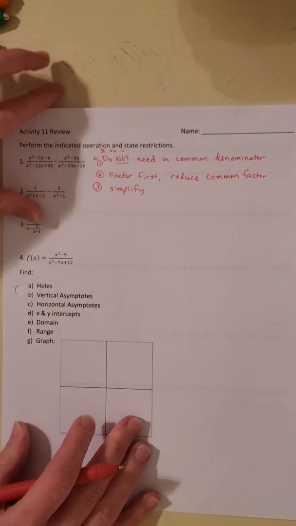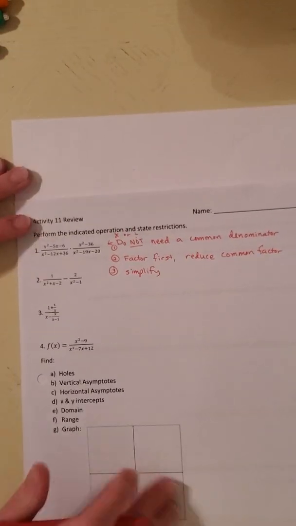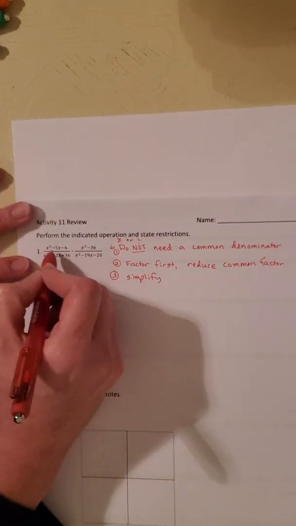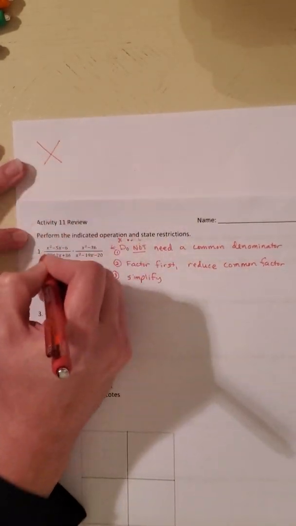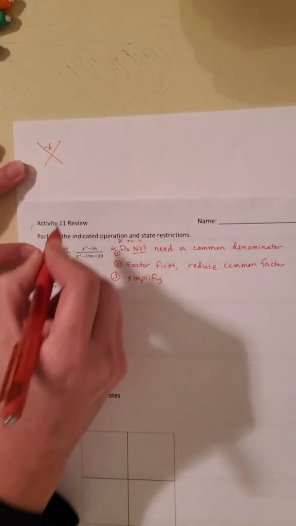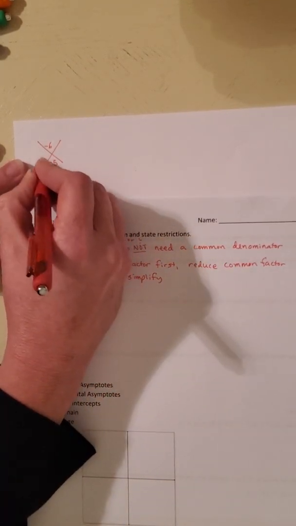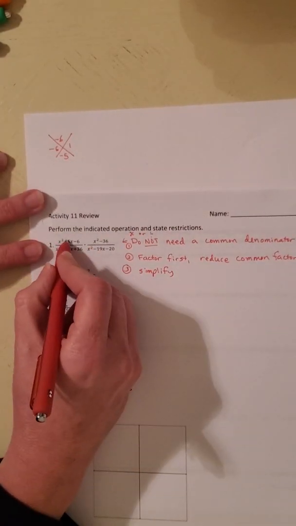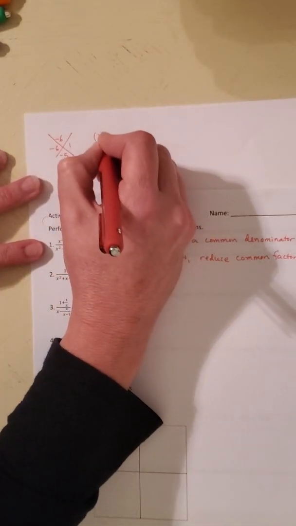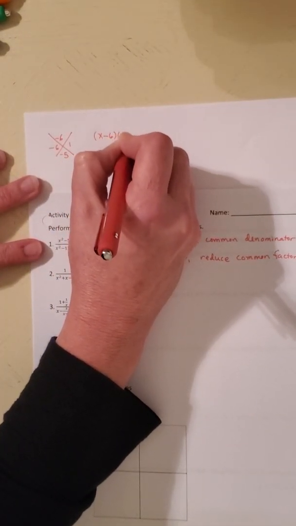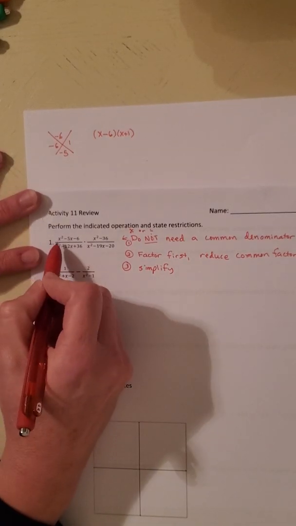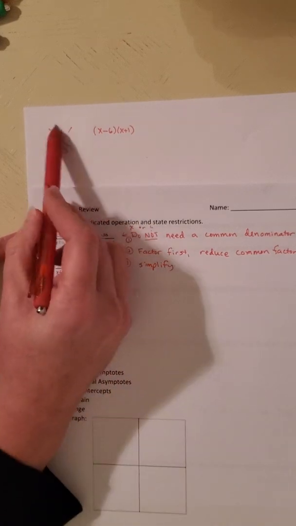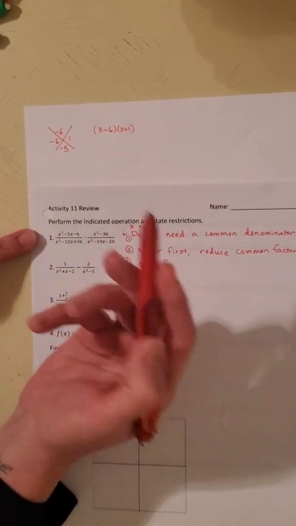All right, so the first one, the numerator and the denominator, it's going to factor as we want something that multiplies to -6 but adds to -5. And so those numbers are -6 and +1. So this one is going to factor as x minus 6 and x plus 1. All right, again, whenever you're factoring, if the leading coefficient is 1, you can just do the x method, okay?